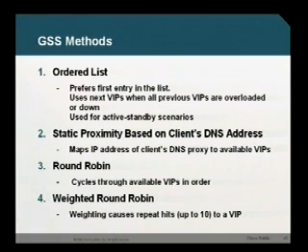We have ordered list. Ordered list basically tells you that I'm going to put multiple IP addresses or multiple VIPs for a particular domain, right? So a domain maps to answers. Well, I have multiple answers for a particular domain, but service the answer only in the order that has been specified there.